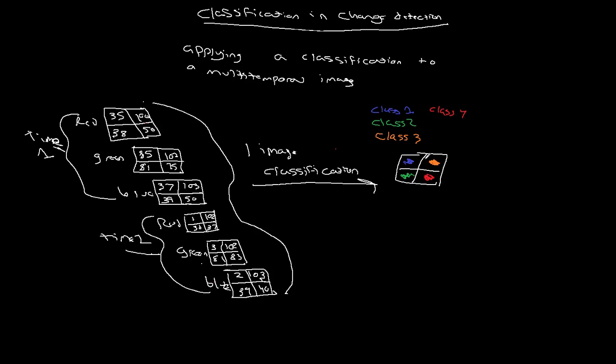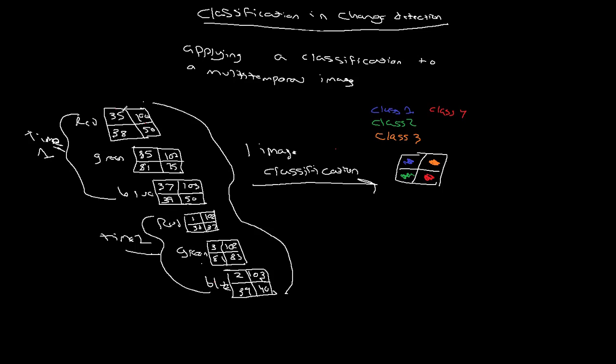So again, I know this is a very small example here. You would have an image with tens of thousands of pixels. But the thing that I want you to walk away from is that with classification and change detection, we have two time periods smashed together in a single image.